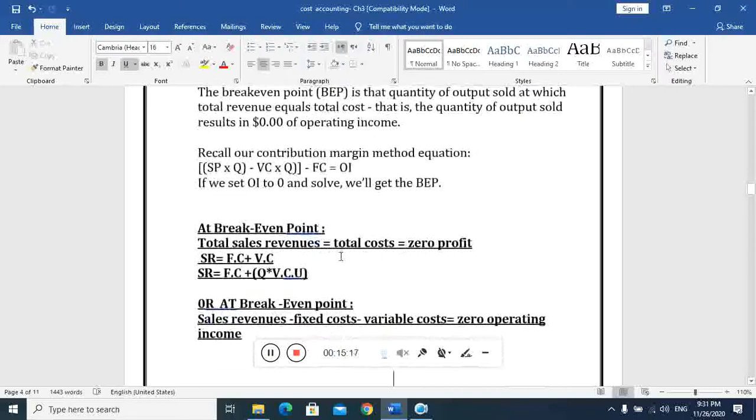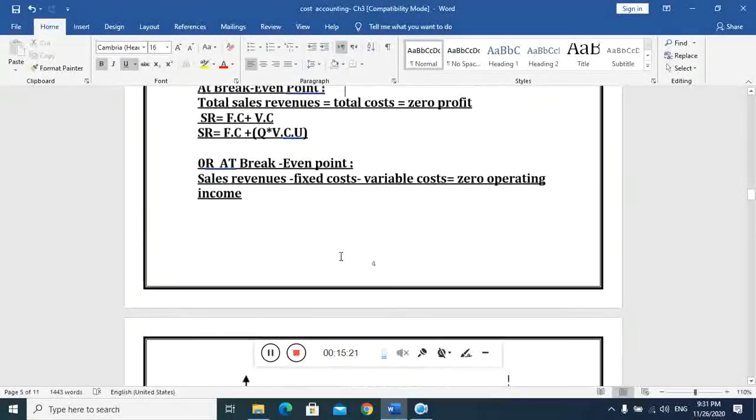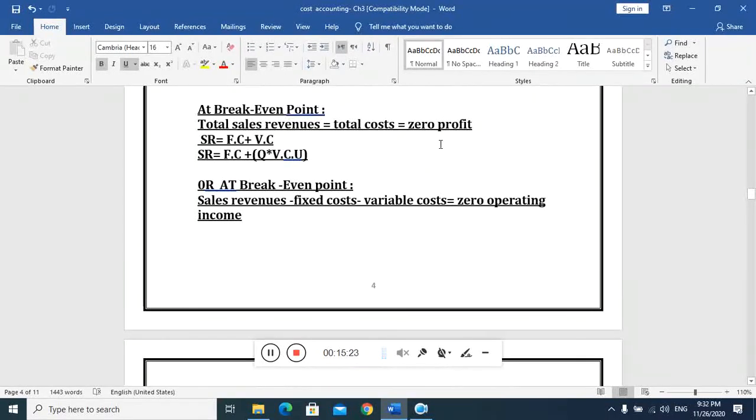So at the break-even point, total sales revenue equals total costs, equals 0 profit. So sales revenue equals total costs, or SR equals fixed costs plus variable costs. Or we can say that sales revenue equals fixed costs plus Q multiplied by variable costs per unit.